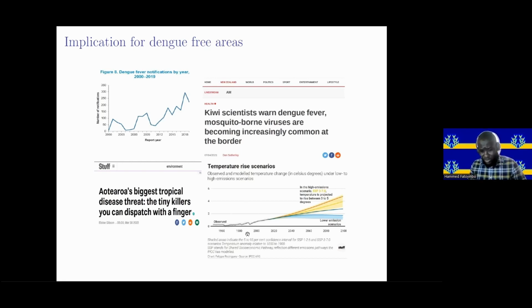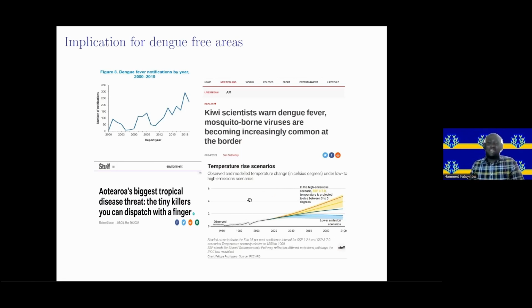This is one of the studies that was done recently, looking at how the temperature changes, and they predicted that the temperature will continue to increase up to the year 2100.